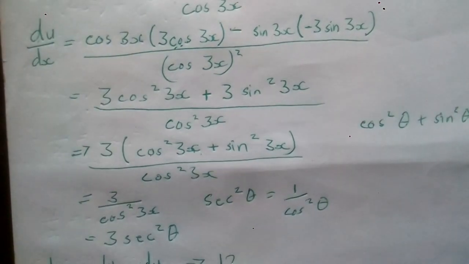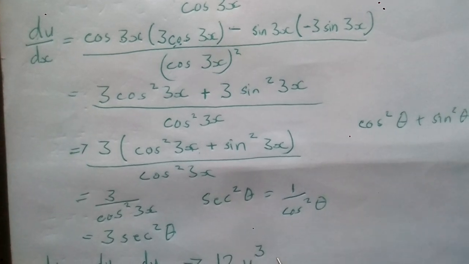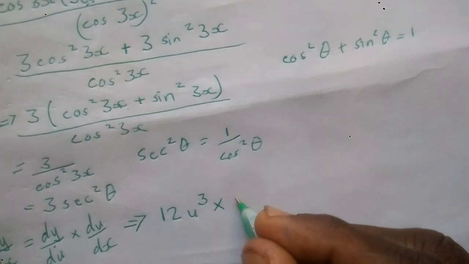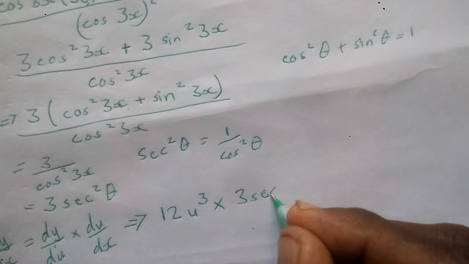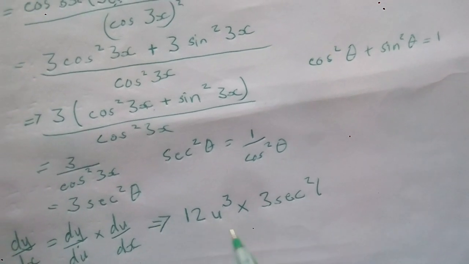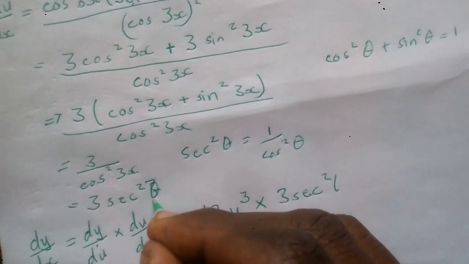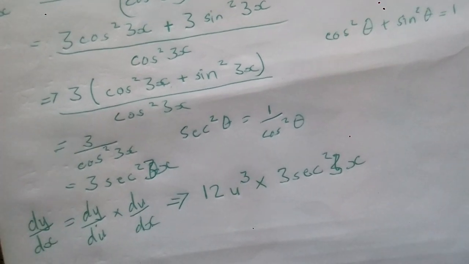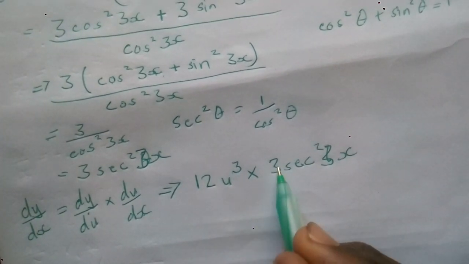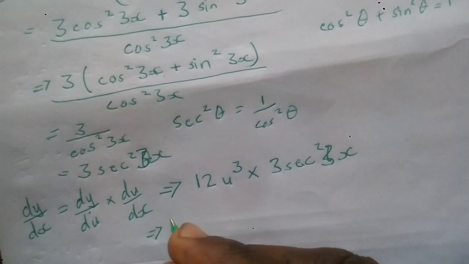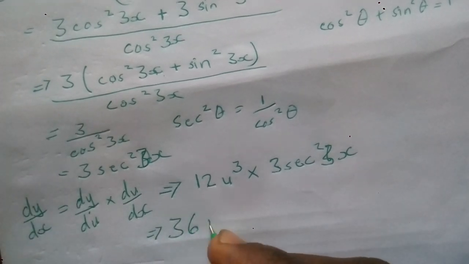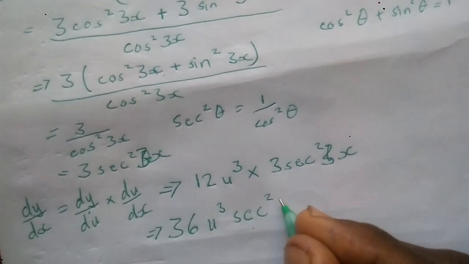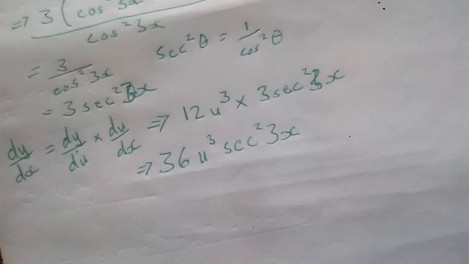We found 12u power 3 times du all over dx, which is 3 sec squared 3x. When you multiply this by this, you will get 36 u power 3 sec squared 3x.